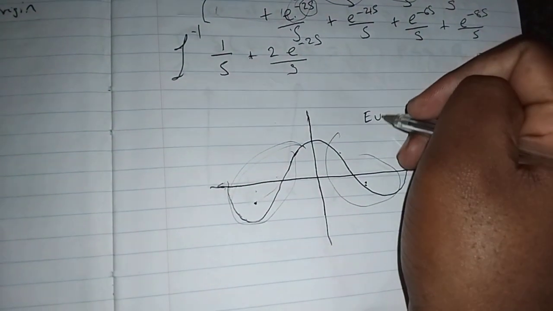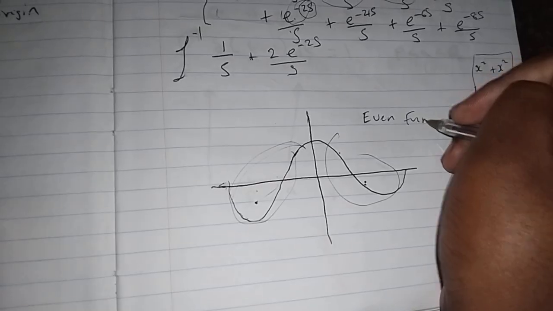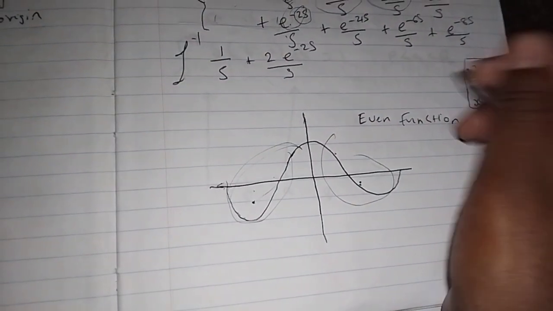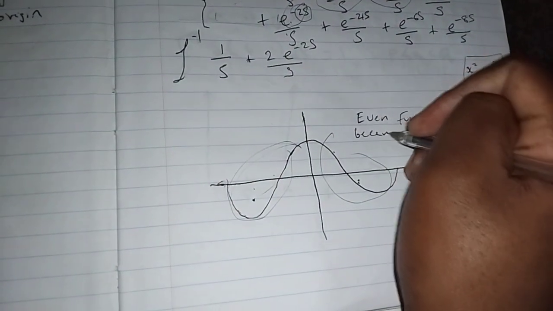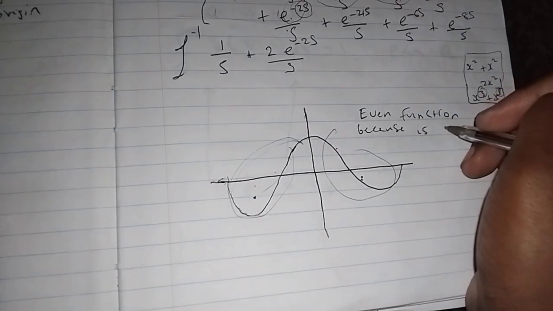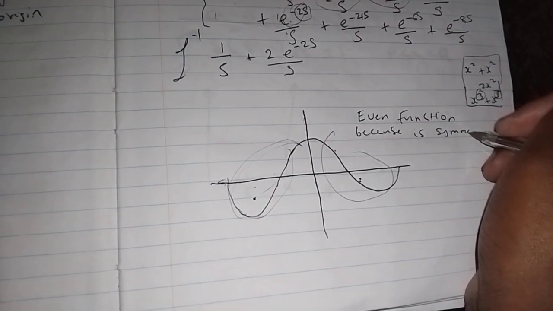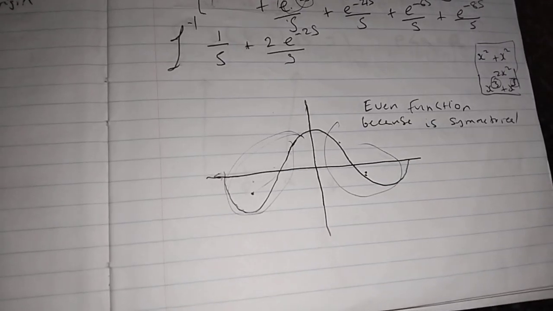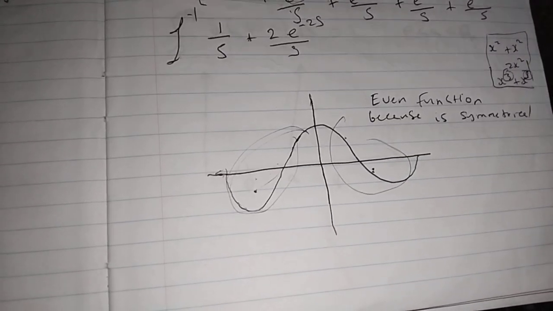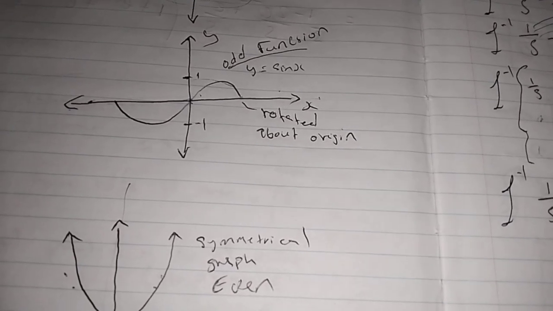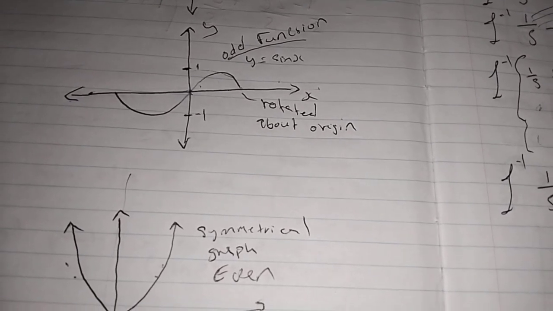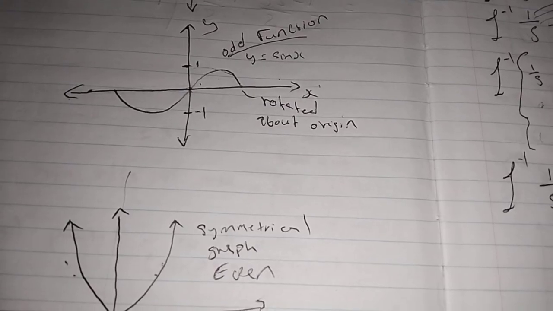What does this mean? This means this is an even function. Why am I saying this is an even function? Because it's symmetrical. Once you see your function is symmetrical, you must know that your function is even. Once you see your function is rotated about the origin, you must know that your function is odd. So these are the things you must know.